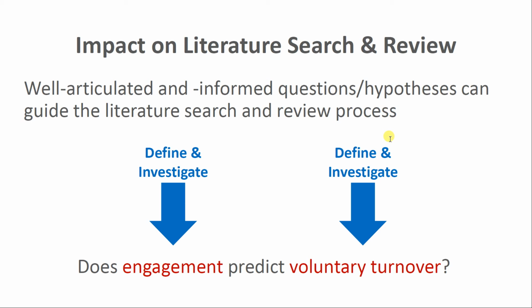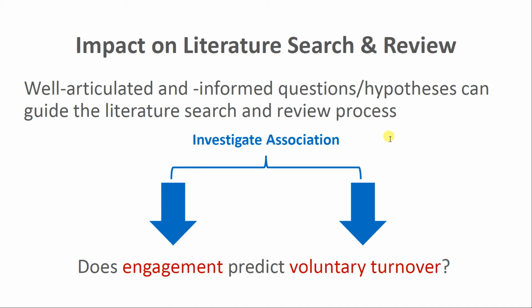These might actually become, and probably will become, the keywords or the search terms that we use during our literature search process, as well as synonyms that are related to these. So with voluntary turnover, for example, we might also use keywords or search terms like quitting behavior, withdrawal behavior, and things like that.